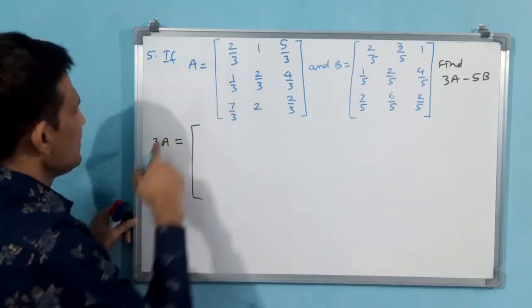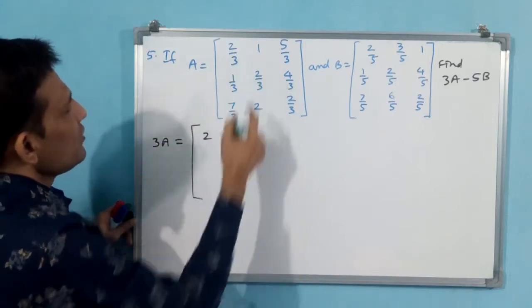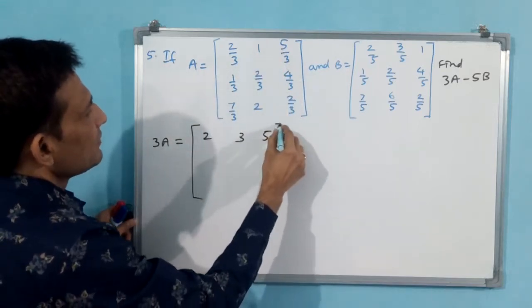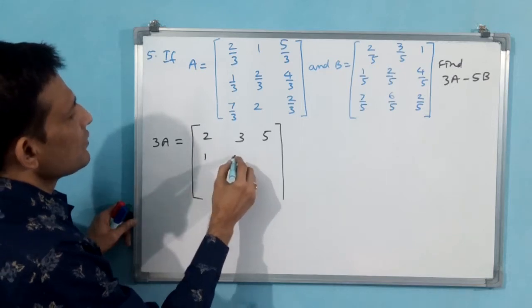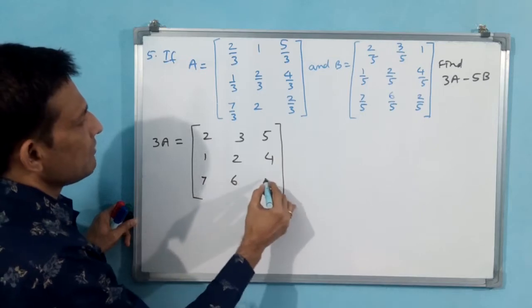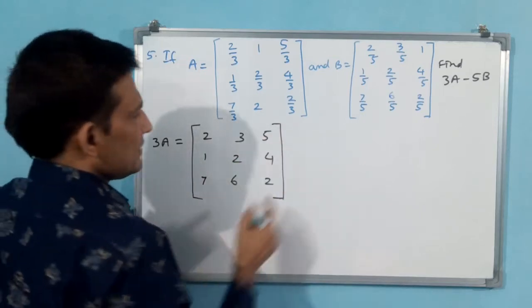That means A is this one. 3A means with 3 we have multiplied. 2 by 3 means 2 will come. 3 into 1 is 3. 3 into 5 by 3, 3 going to get cancelled, 5. Okay, like that you take. That means here also 1 will come, 2 will come, 4 will come, 7 will come, but 3 into 2, 6 will come, but here 2 will come. You see. Now simply you have done this.